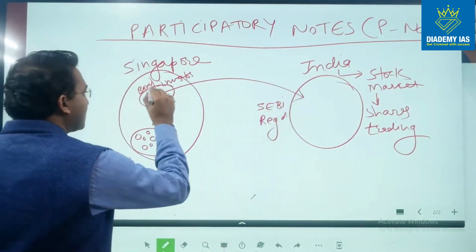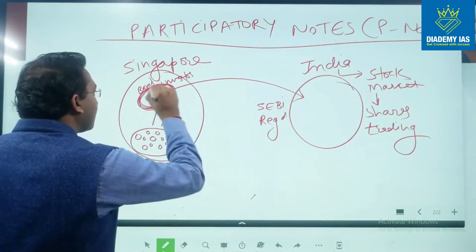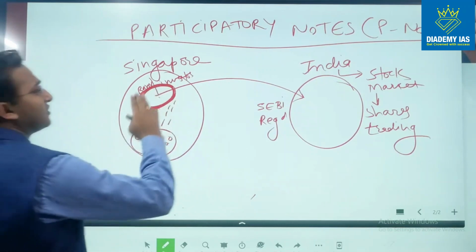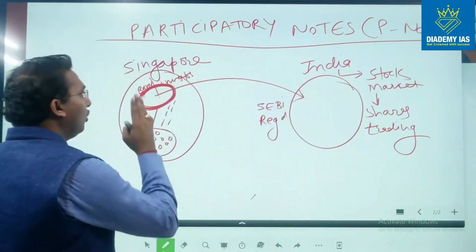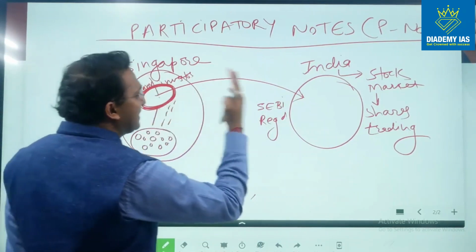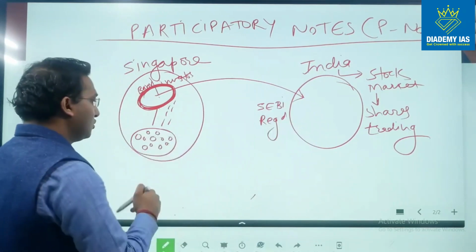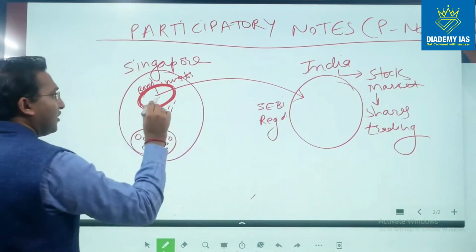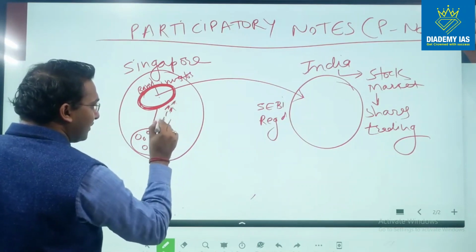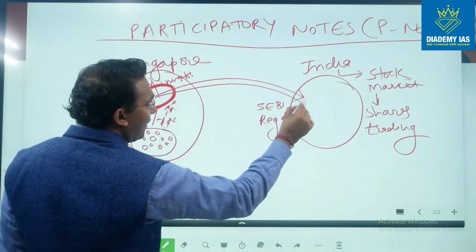Suppose this foreign bank agrees: okay, I will invest on your behalf. So this bank will register itself with SEBI. It will not register all of these people. It will receive the money from these small foreign investors and invest this money into India's stock market.